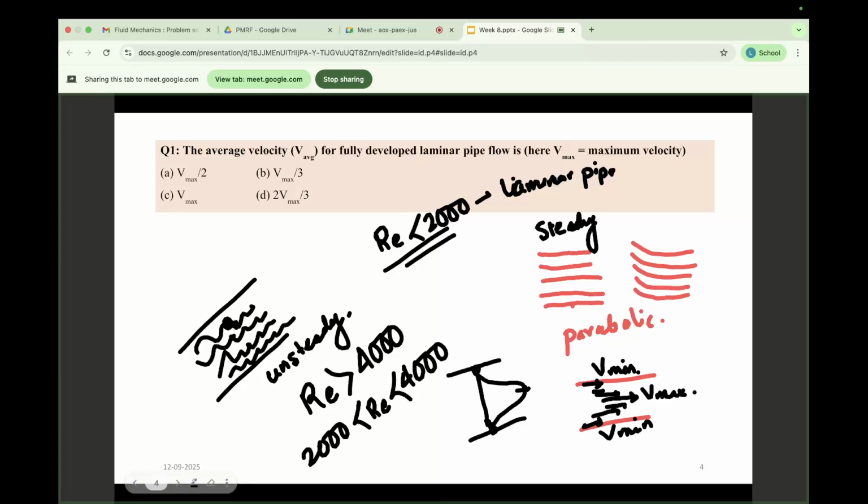In that region, the flow is neither laminar nor turbulent. It is an intermediate flow. That means in that region it may happen that some of the layers are turbulent and some of the layers are laminar. That is the feature of this region, Reynolds number from 2000 to 4000.